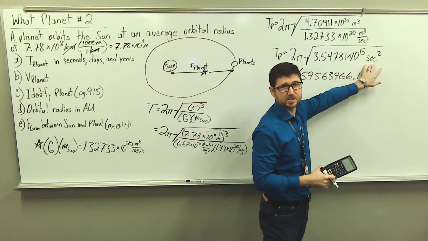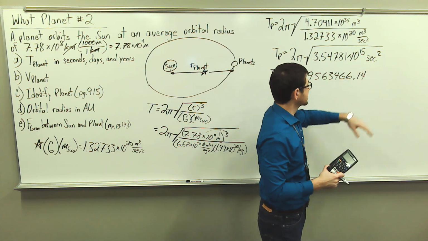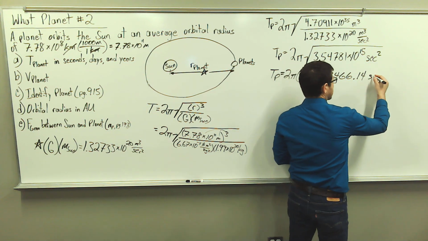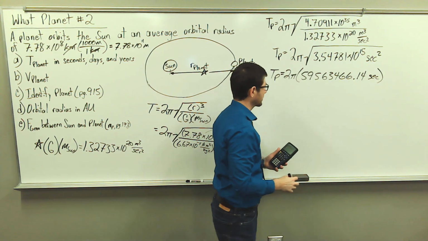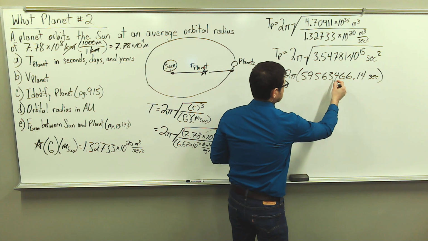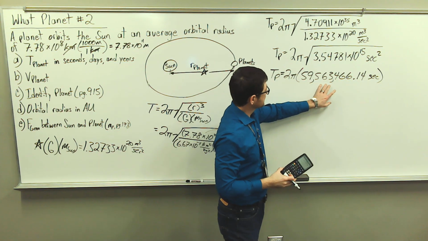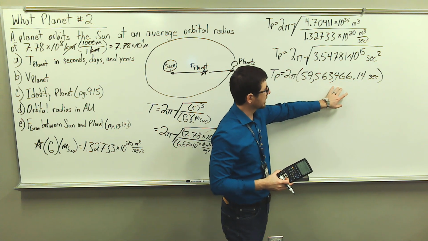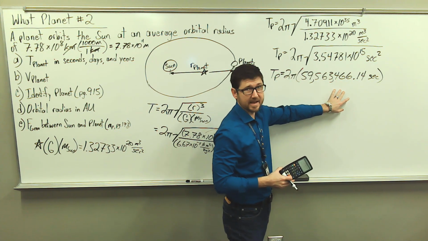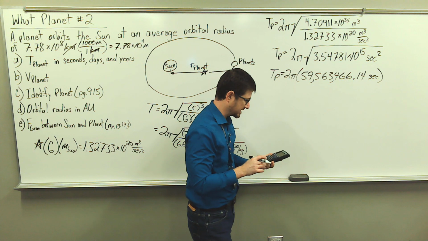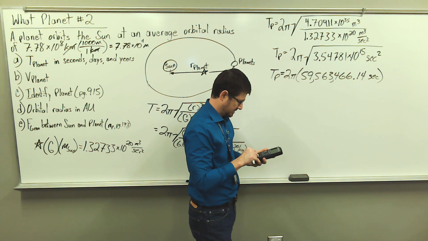Now we need to take the square root of the unit value. The square root of seconds squared is seconds. Okay, and this is going to be 59,563,466.14 seconds. Okay, let's multiply this value by 2 pi.